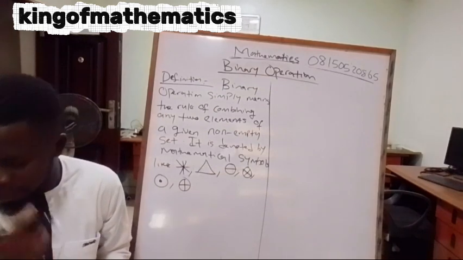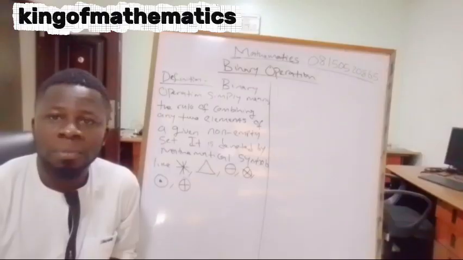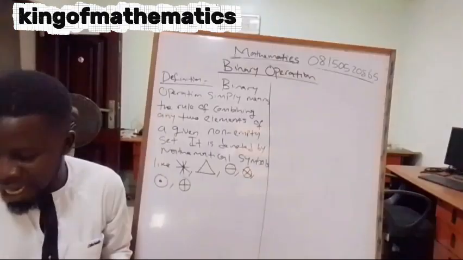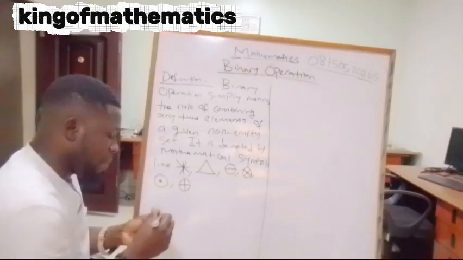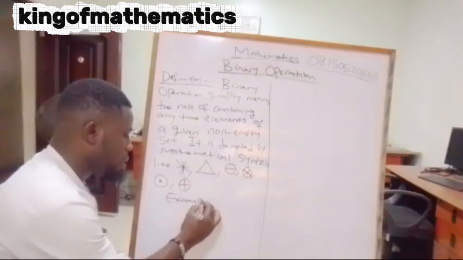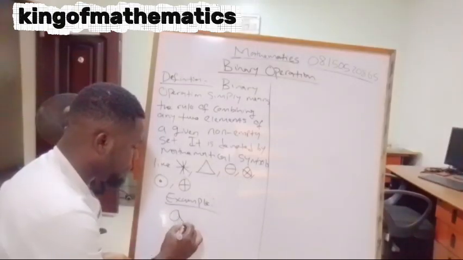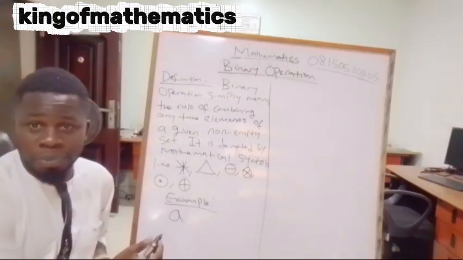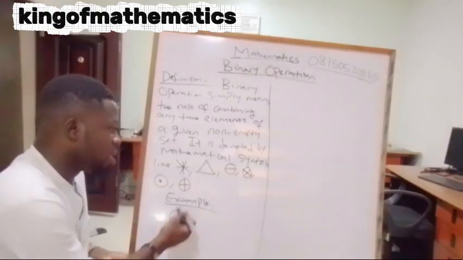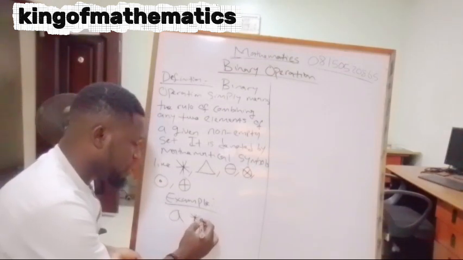They are symbolizing something, and every operation definitely means something. So now let's see how some of these operations are being done. For example, if you are talking about a binary situation, you can have something like this: a, small letter a, then operation, for which I can make use of an asterisk, then b.